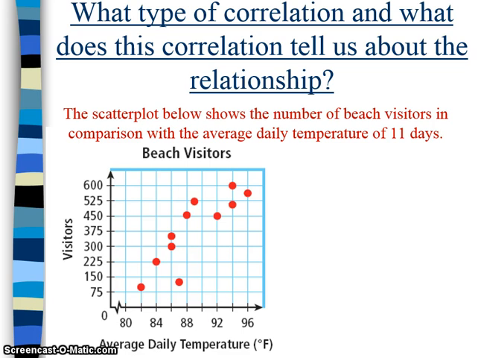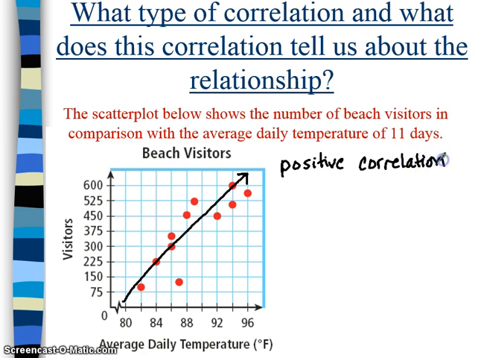Let's look at another example. The scatter plot below shows the number of beach visitors in comparison with the average daily temperature of 11 days. If you draw a line through the middle of the dots, you can see that it's going upward. That means that this is a positive correlation. Now remember, with a positive correlation, as one variable increases, so does the other.